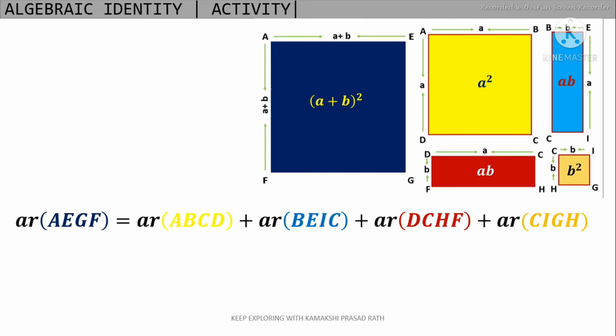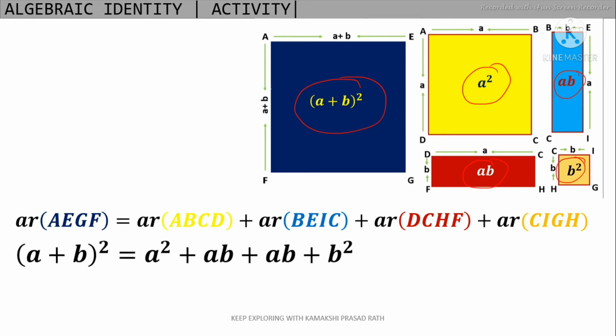The area of AEGF is equal to the area of ABCD, plus the area of BEIC, plus the area of DCHF, plus the area of CIGH. Now the area of ABCD is a squared, the area of BEIC is ab, the area of DCHF is ab, and the area of CIGH is b squared, and the area of AEGF is (a + b) whole squared.